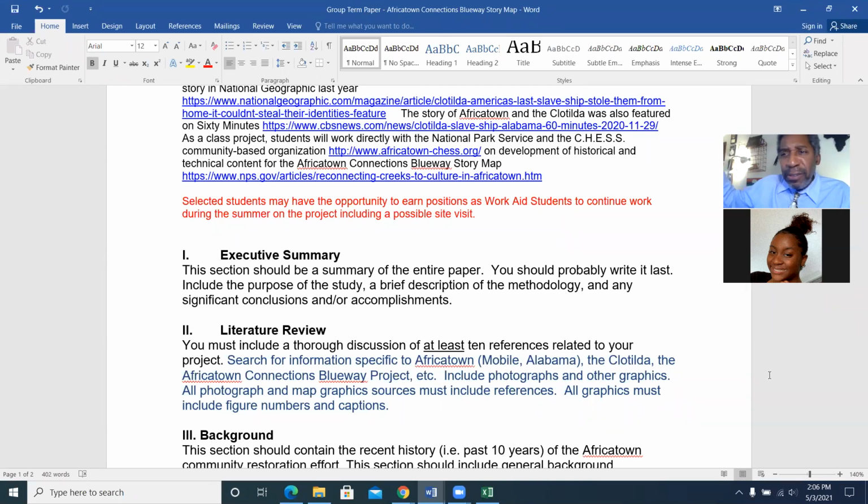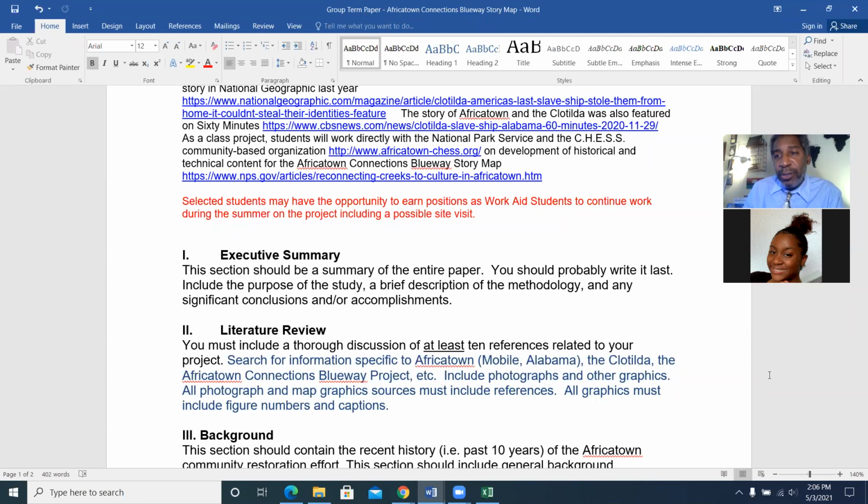That should be a historical site. There are many other places of historical significance that are part of Africatown that the community wants to make part of this heritage tour.